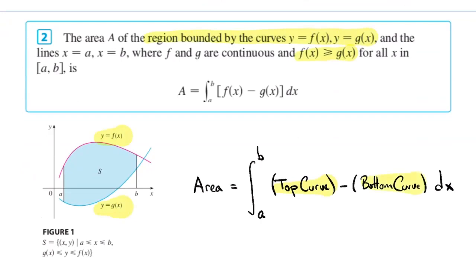You need a graph to know which is which, but you have to subtract in the right order to get the area. And then you integrate that height function, f of x minus g of x, with respect to x from a to b, and that gives you the exact area. Why is this true? I'm not going to write a proof of it, but it's the limit of the Riemann sum that we were looking at above.